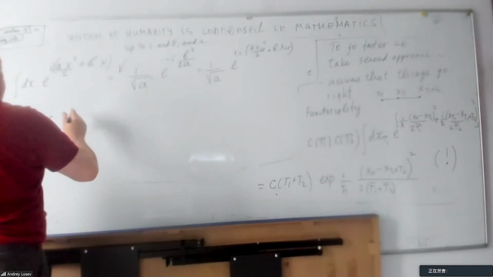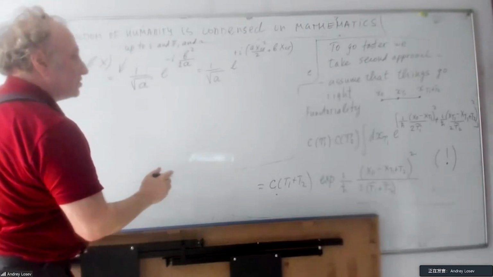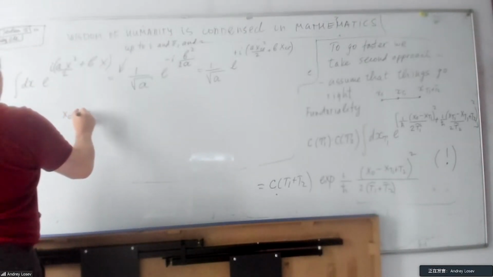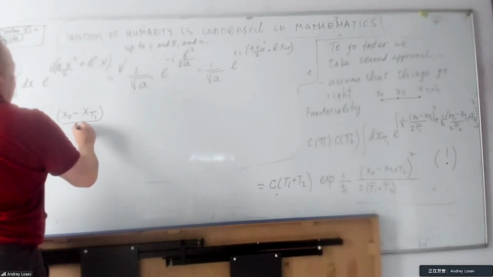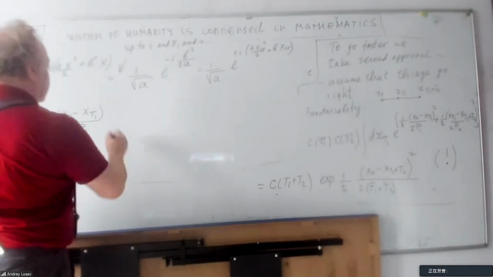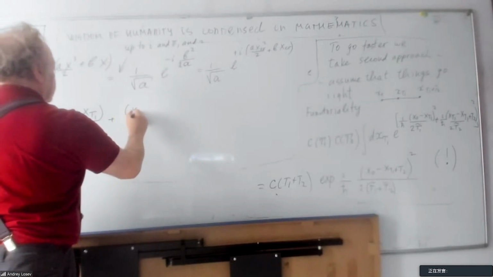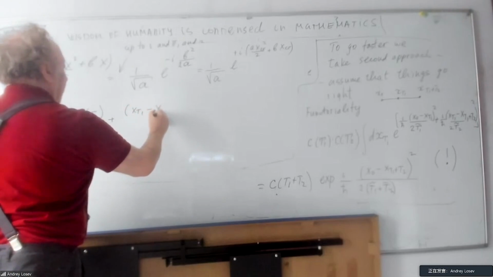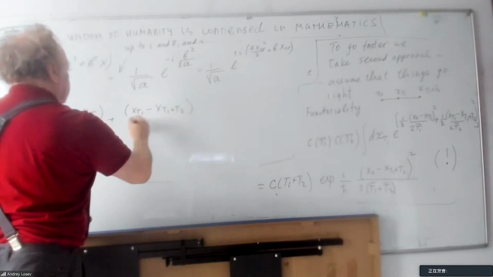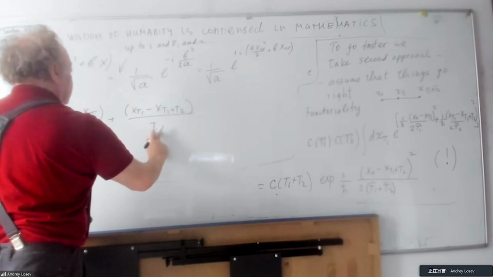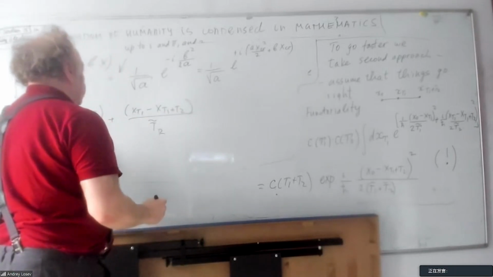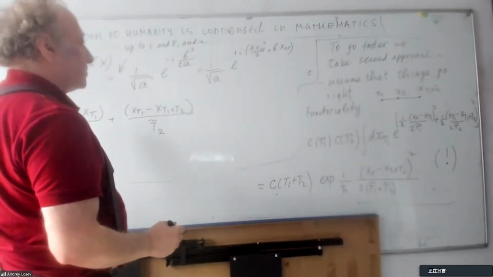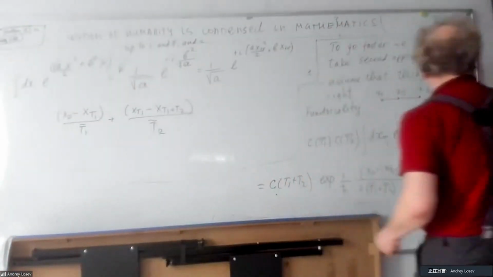It is the solution to the following equation: (x0 minus x(t1)) divided by t1 tilde plus (x(t1) minus x(t1+t2)) divided by t2 tilde. So it is the derivative that I have here.